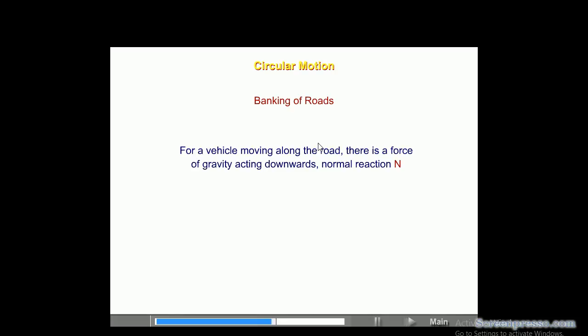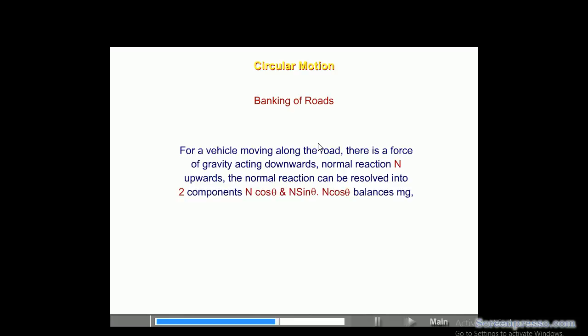Banking of roads. Raising of the outer edge higher than the inner edge is called banking of roads. For a vehicle moving along the road, there is a force of gravity acting downwards and normal reaction N upwards. The normal reaction can be resolved into two components, N cos θ and N sin θ.